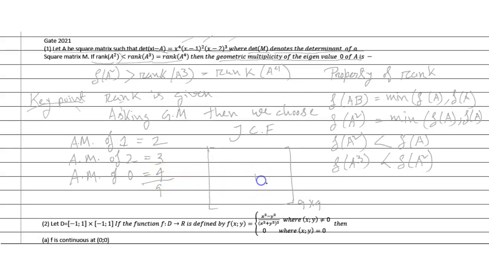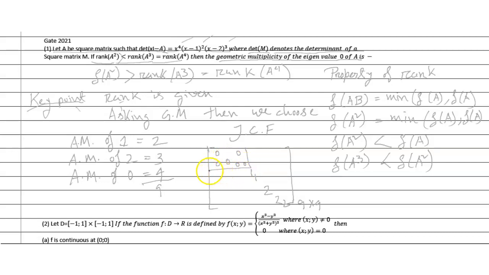So friends, I want to take only the eigenvalue 0, which has AM 4.